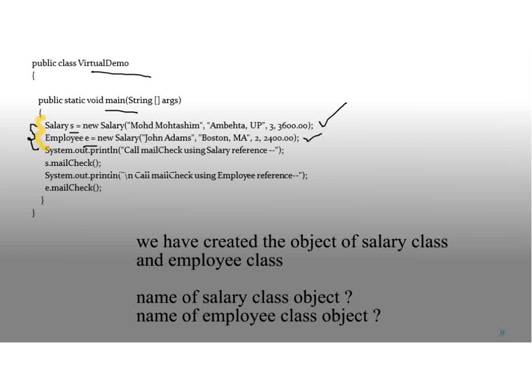The answer is we have created the object of salary class and employee class. Now the next question is, what is the name of the salary class object and what is the name of the employee class object? Yes, S and E. Absolutely right. So we have created two objects. You can see we have used the new keyword also.